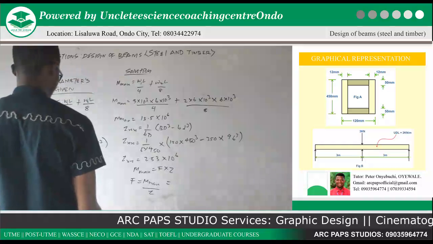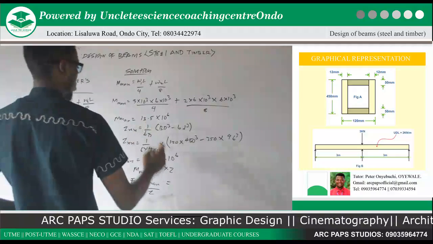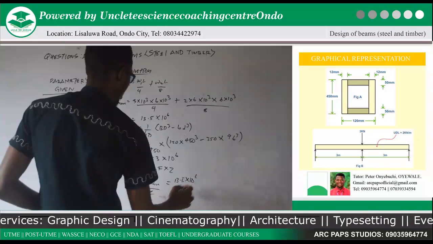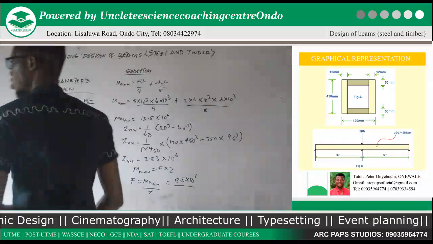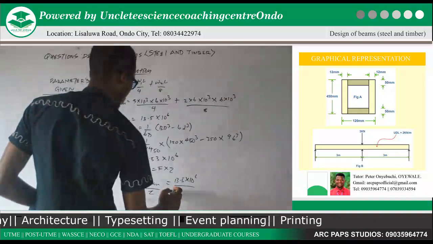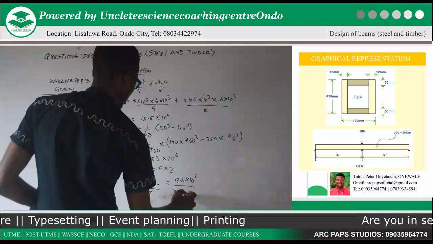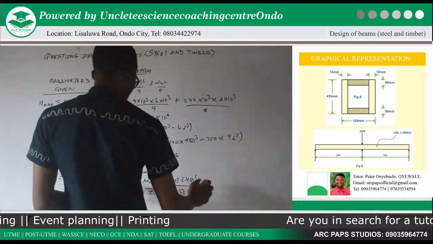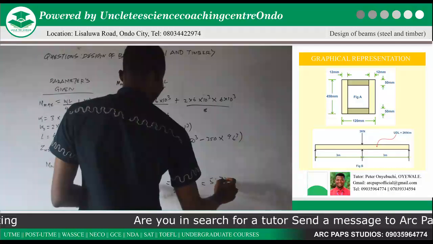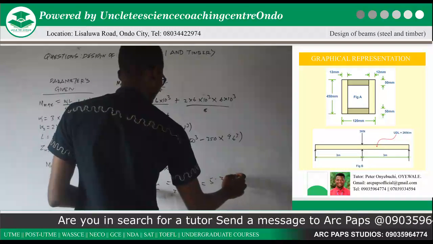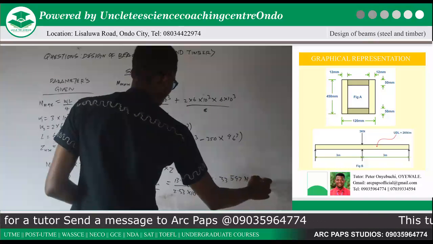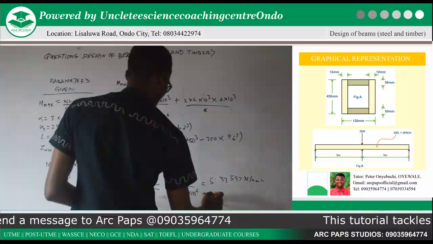Now I've gotten our Mmax to be 13.5 times 10 raised to the power 6, divided by our Z, which is 2.53 times 10 raised to the power 6. Now using your calculator, our F will then give us 5.3597 Newton per millimeter square.